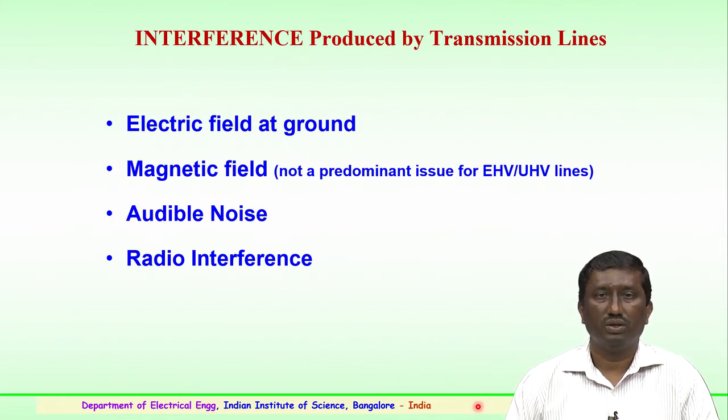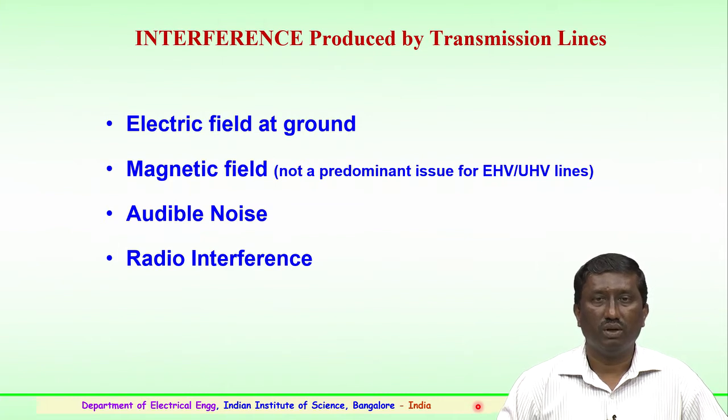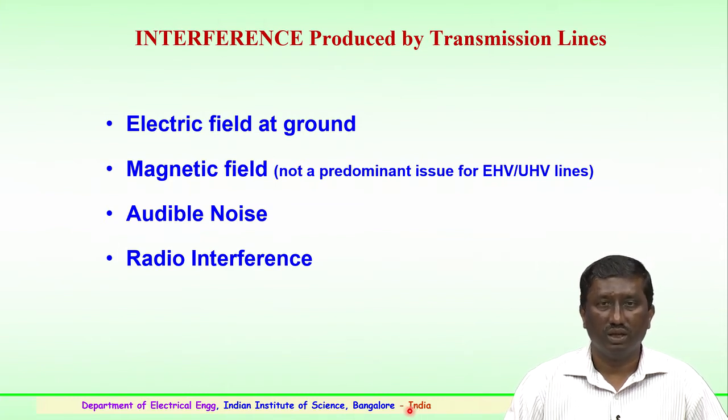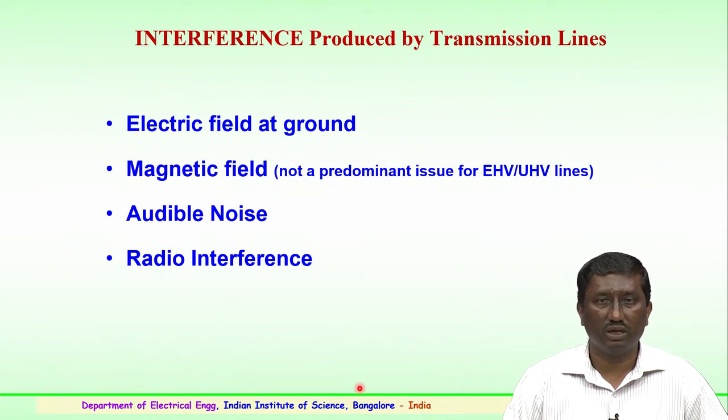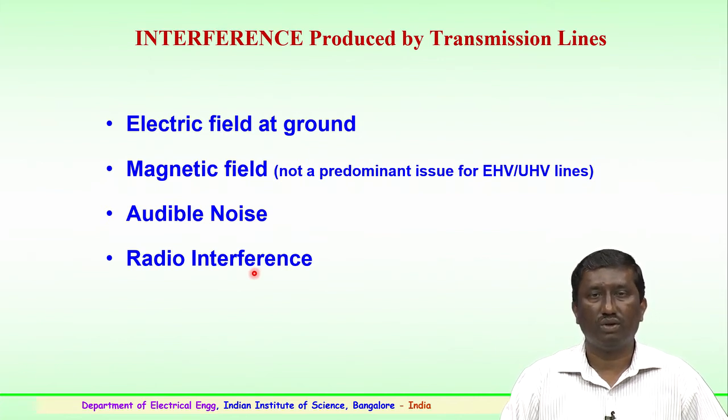So, the details of the values particularly in the country for 400 kilovolts and above UHV levels: the audible noise from the conductor during energization should not exceed 60 decibels, and in case of radio interference, the noise level should not be more than 60 decibels, that is 1000 microvolts radio interference voltage.